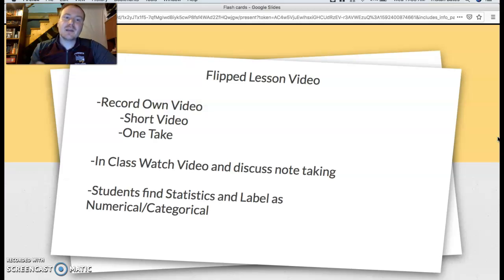At the very beginning of class, have the students watch the video, and as we're watching, I'd pause it intermittently and talk about the important topics and how to take notes on this. Because this is the beginning of the year, I wouldn't assume that they know how to take notes while watching videos, so that's definitely something I would be teaching them as we go.